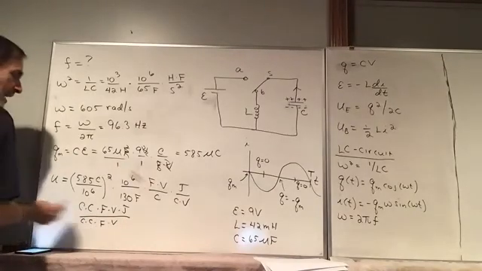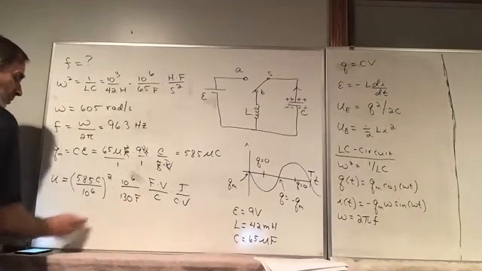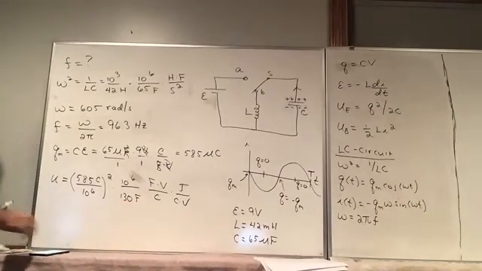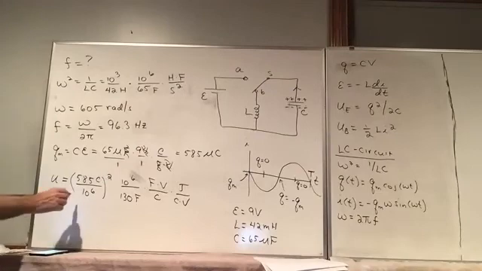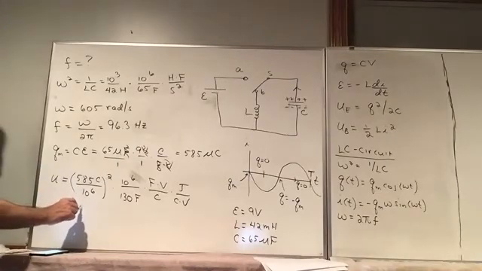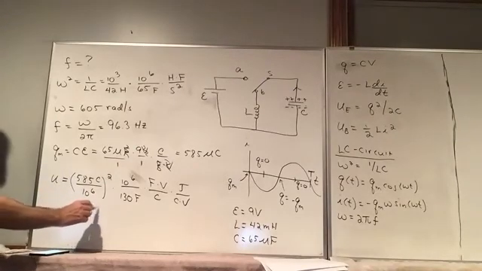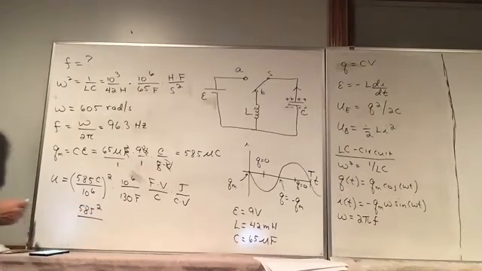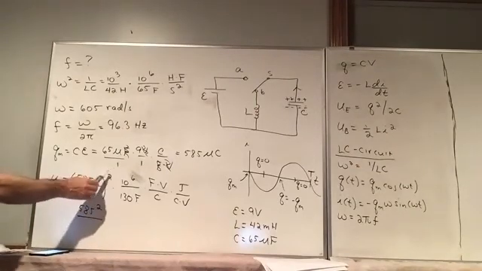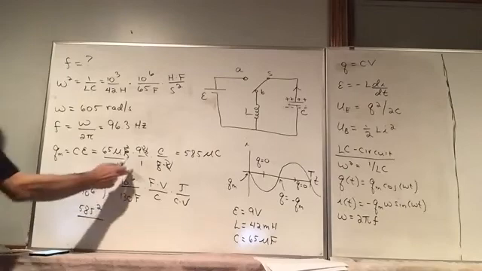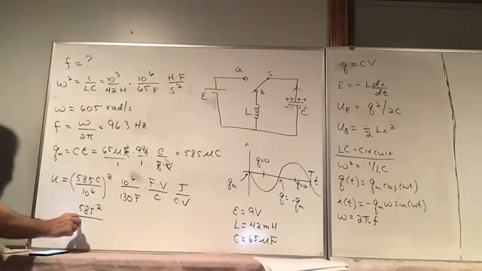So let's see how much energy we have here. We have 585 squared. Now, this is 10 to the 6 twice, so let's cancel one of them out.